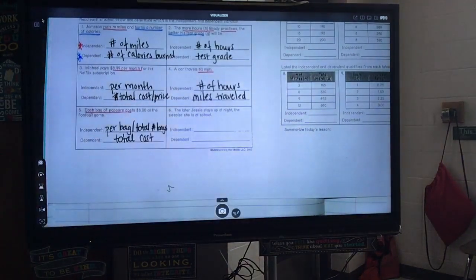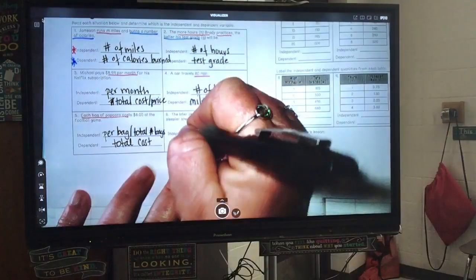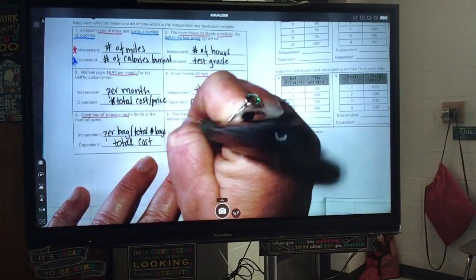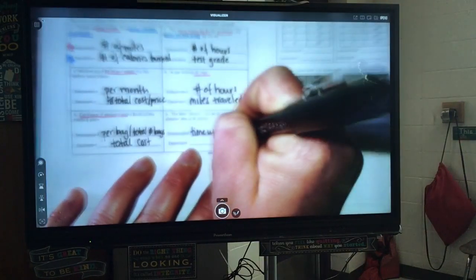Okay? Alright, number 6, it says the later Jessie stays up at night, the sleepier she is at school. So what is our independent? Lily, what do you think? The amount of time that she stays up. Okay. Time up or later she stays.